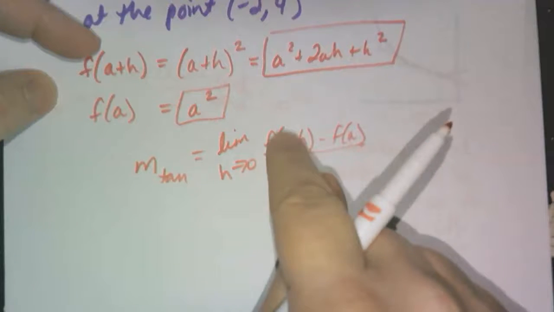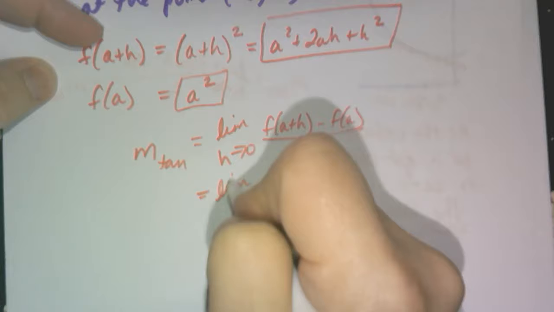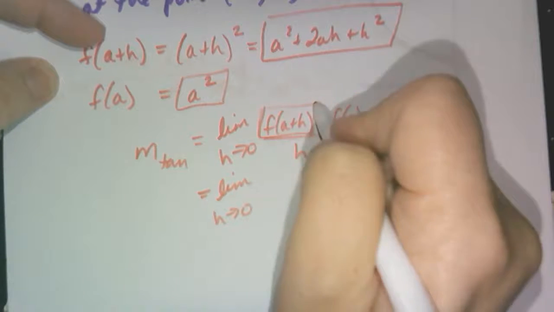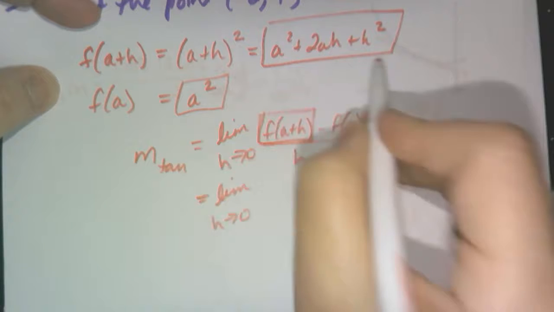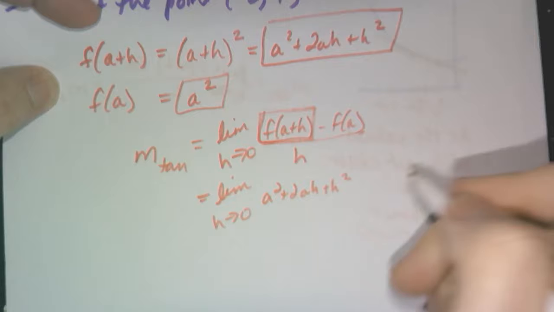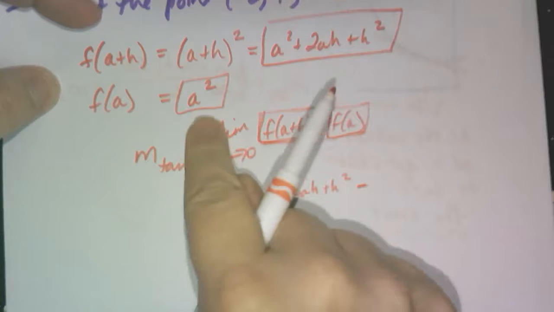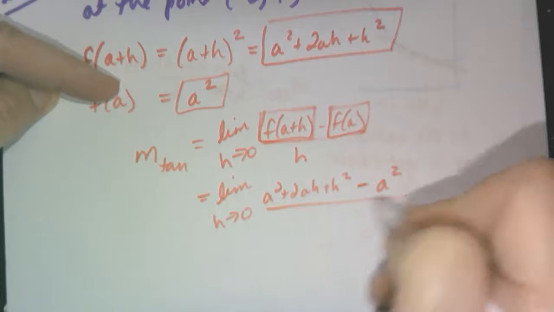Plug in these two things. So let's see. Limit as h goes to 0, what am I going to put in right here? What am I going to replace that with? A plus h squared, which was A squared plus 2Ah plus h squared. Yep. Minus, what am I going to put right here? A squared. Stick it over h.